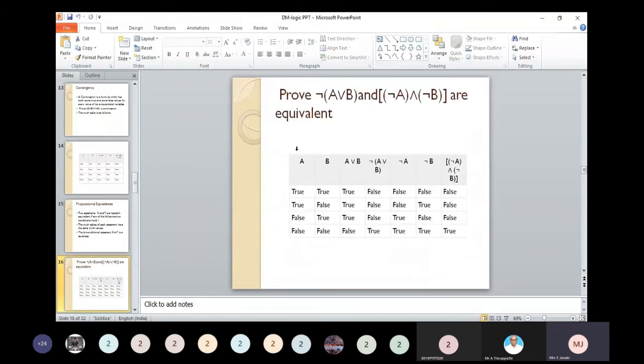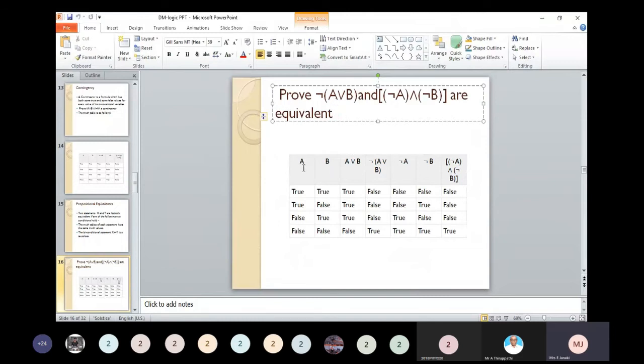See, this is an example of logical equivalence. Negation of A or B, and negation A and negation B, are logically equivalent.